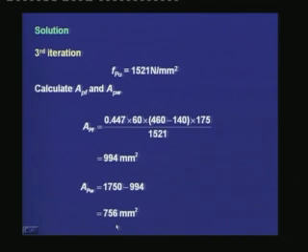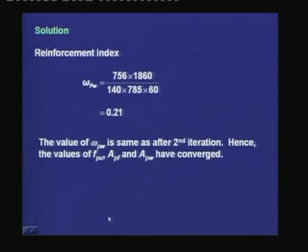In our third iteration, if we substitute Fpu equal to 1521 Newton per millimeter square, we calculate APF as 994 millimeter square, and APW as 756 millimeter square. We recalculate omega Pw, which turns out to be the same as the second iteration, 0.21.